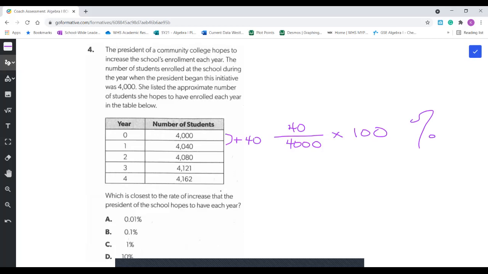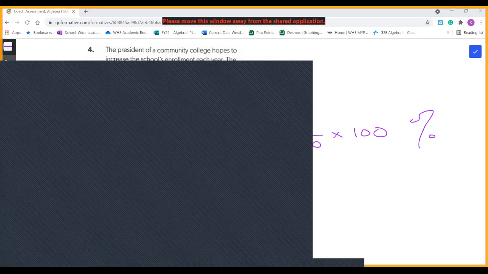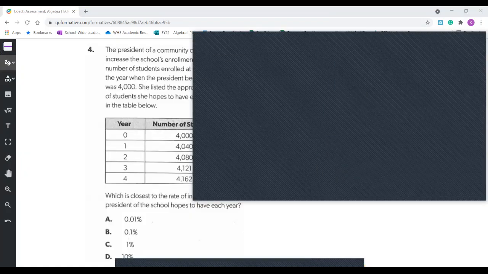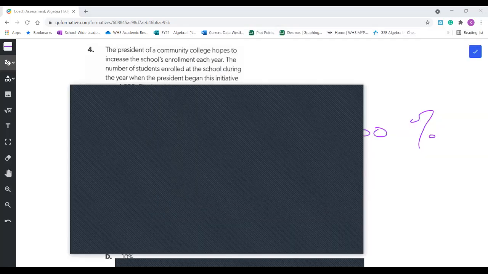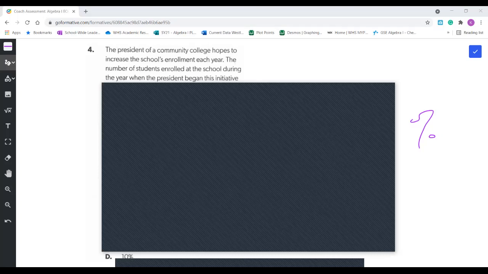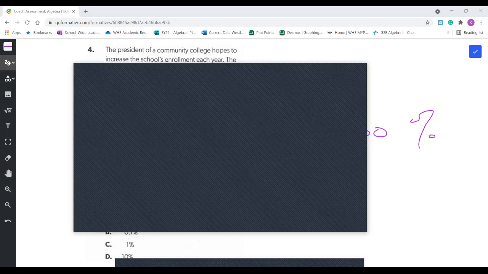Okay, so let me get my calculator. I guess I can use my desktop calculator. There it is. Please move this window away. Okay. All right.